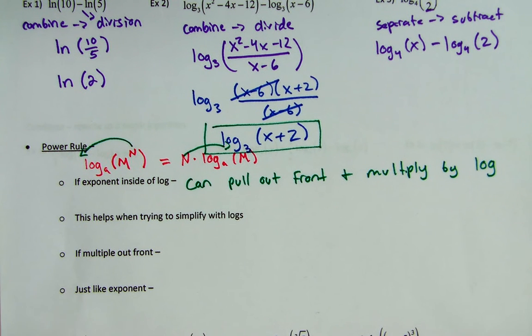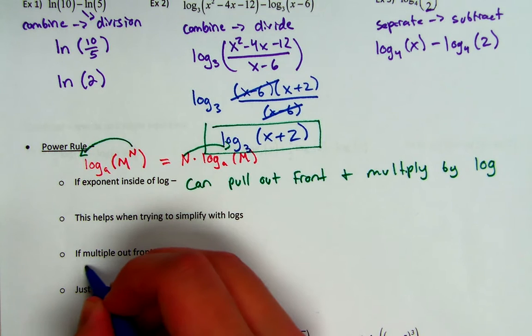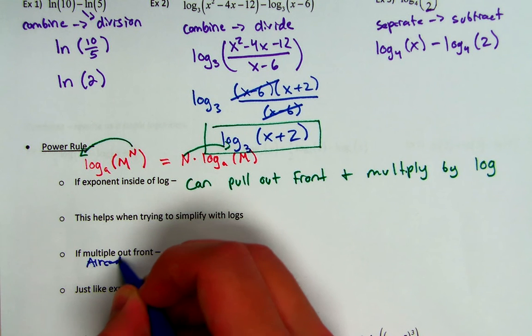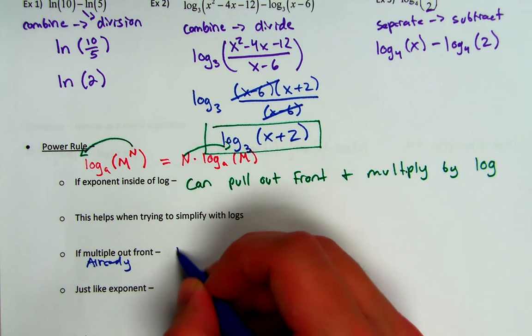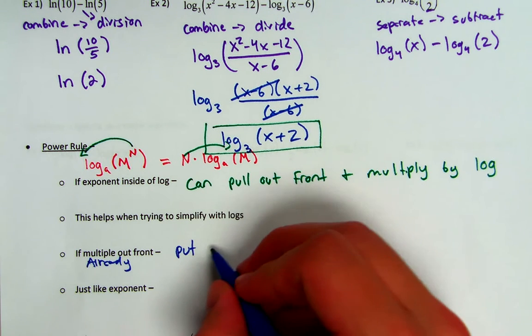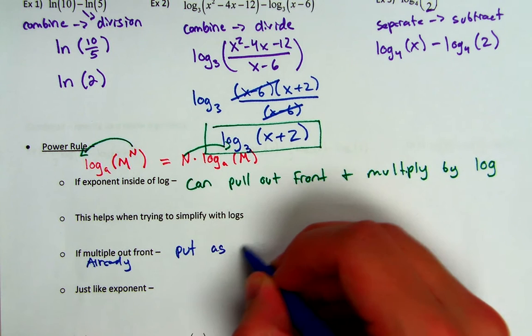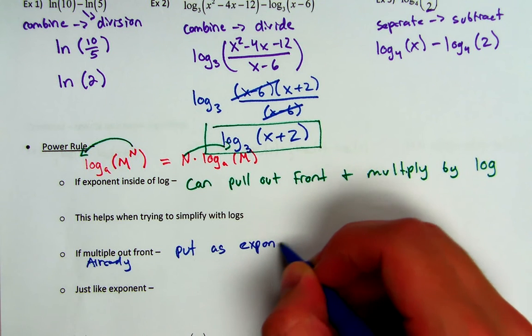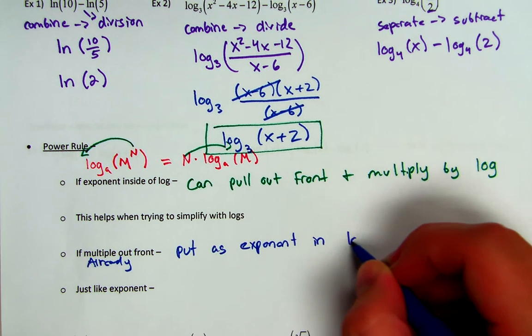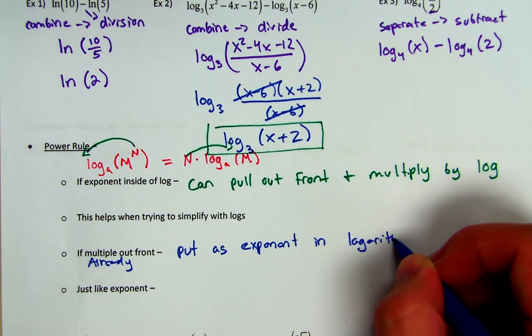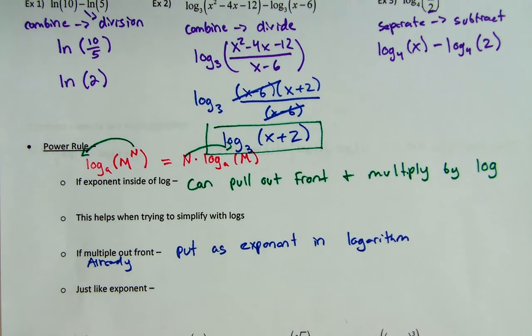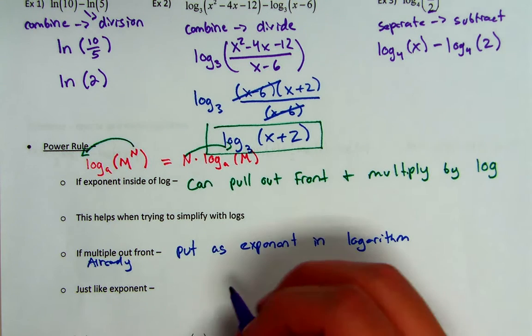If there's a multiple already out front, then you can put it as an exponent in the log. So this is also, again, just like exponents, where you have a power to a power.